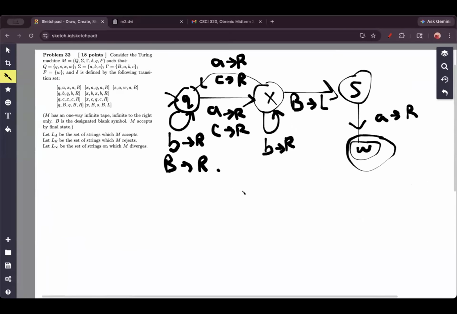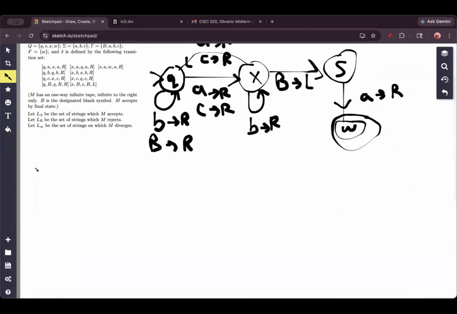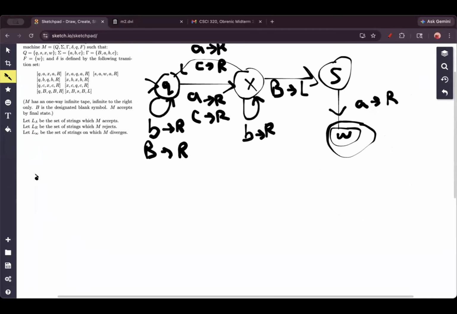Now let's do LA. Okay, let me see any questions. Okay, no. LA is when I get from Q, X, S, and then I reach W, right? I'm sorry, I have a question. How do you know that LA is when you reach all states, Q, X, S, and W?